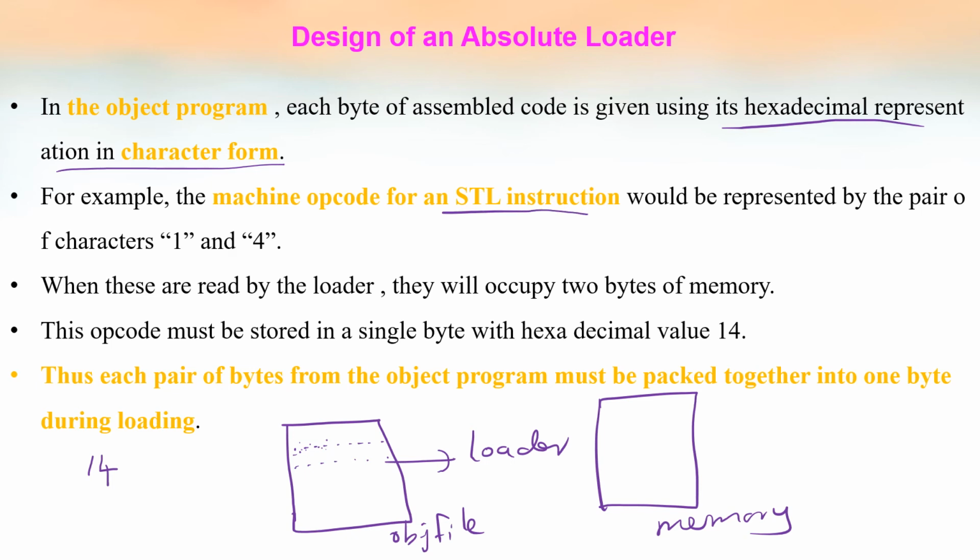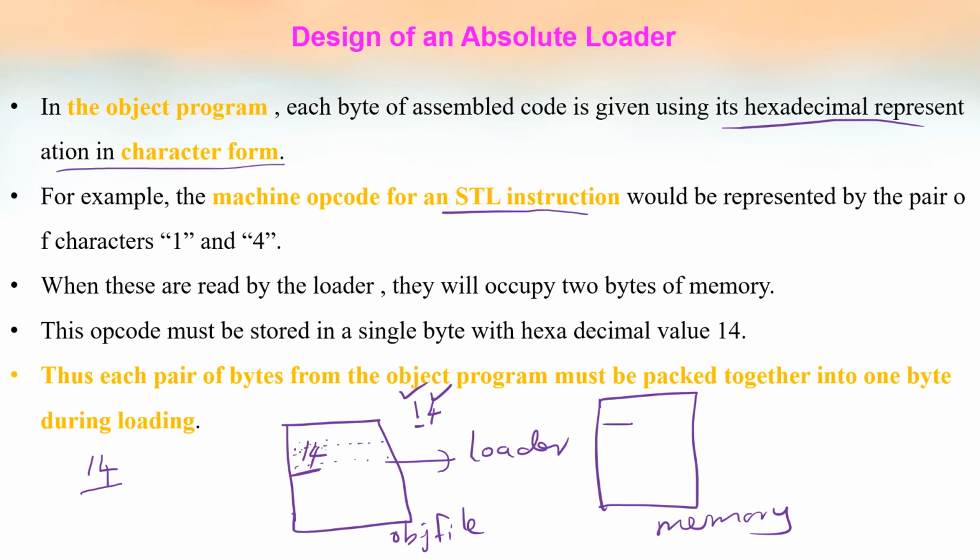If we store that into a file, even though it is in hexadecimal form, when it is saved into a file, it becomes character data. When the loader tries to load it, it will take more space. Each digit in character data will take 1 byte. So to store 14, the 1 will take 1 byte, and the 4 will also take 1 byte. 2 bytes of memory locations will be required.